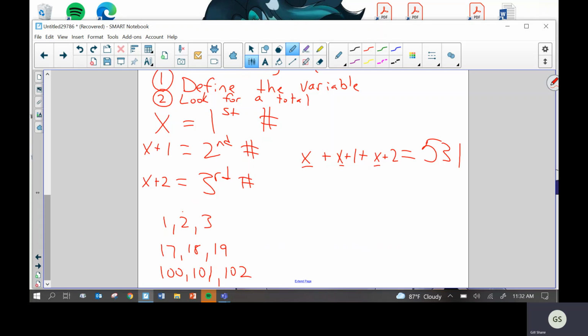So x and x are like terms. 1 and 2 are like terms. There. And then if you solve that out, you'll get the first number is 176. And then for the second number, you would add 1 to that. For the third number, you would add 2 to that, and that would give you the 3 numbers.